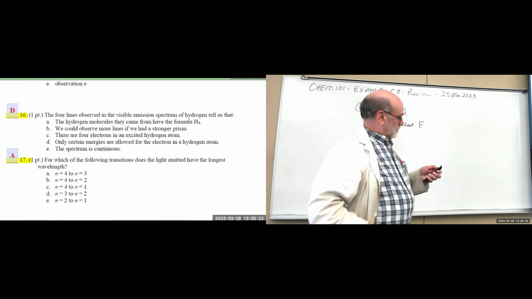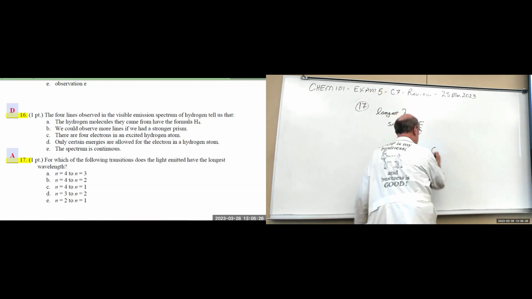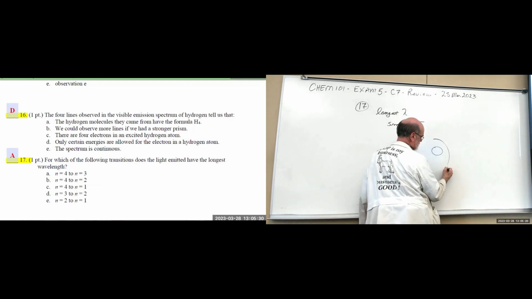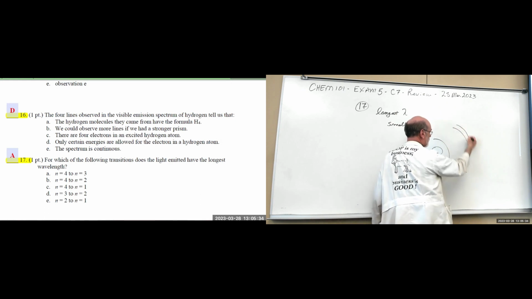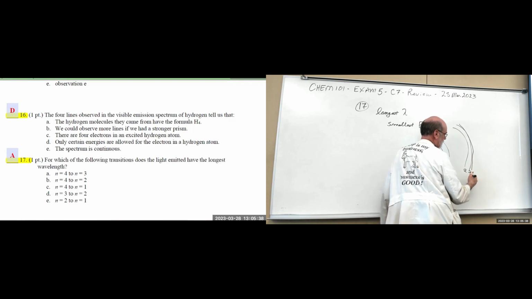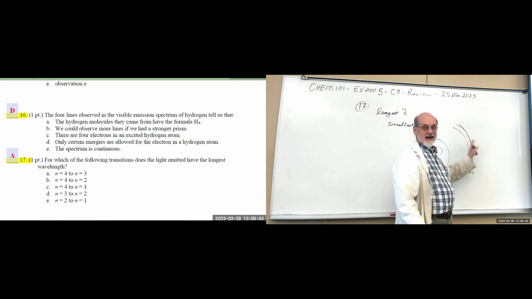So let's look at what choices we have here. The shortest jump. Remember, the first level is, if it's right here, then the second level is way out here. And the third level is even closer. And the fourth level is even closer than that. So really the shortest jump is between levels out here.